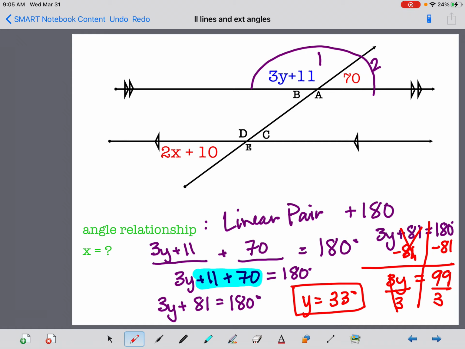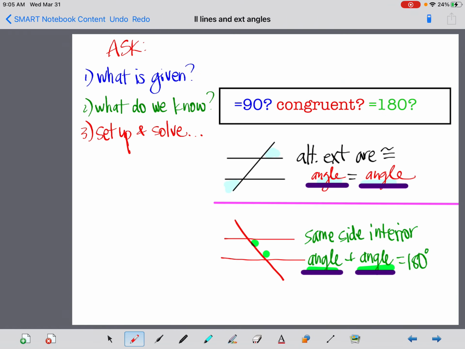All right, so you can see Ms. Miner kind of uses these scenarios, these setups, in order to be able to set up the equation properly so that we can solve for the missing part. Okay, so just as a review, what is given, right? What is the angle relationship?